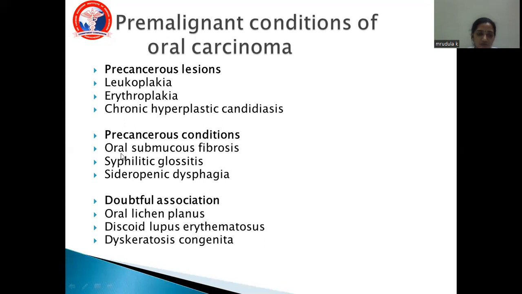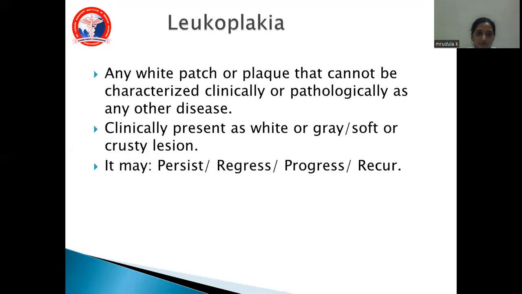Oral submucous fibrosis, syphilitic glossitis, and sideropenic dysphagia are other major pre-cancerous conditions, and doubtful association is with oral lichen planus, discoid lupus erythematosus, and dyskeratosis congenita.